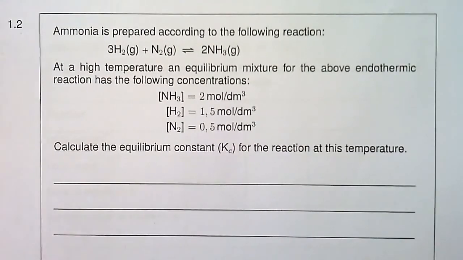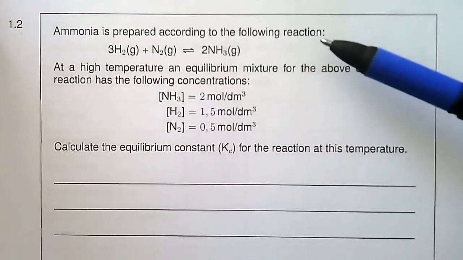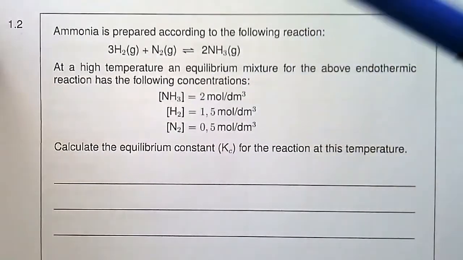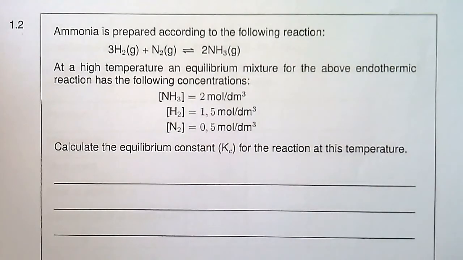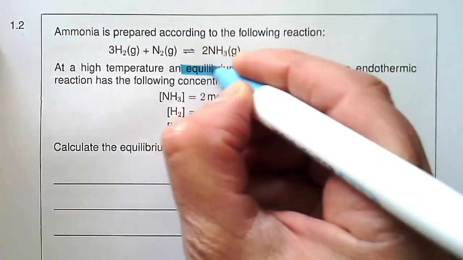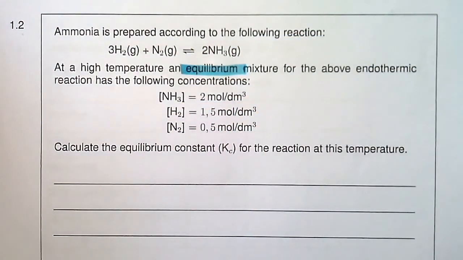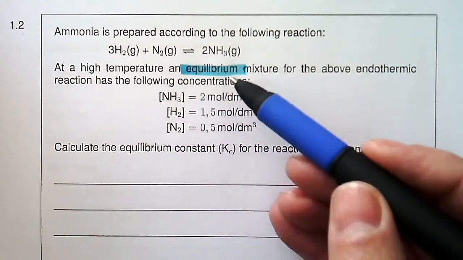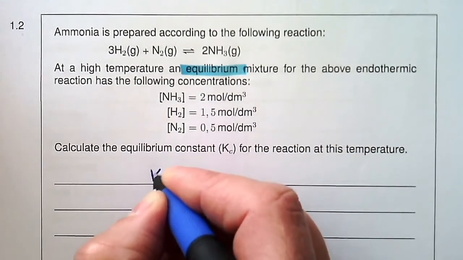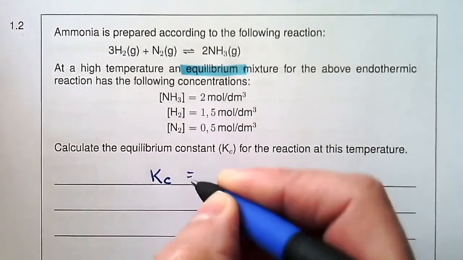In number 1.2, ammonia is prepared according to the following reaction. You give the reaction, and then they tell you that at a high temperature, the equilibrium mixture, which is very important. The values that they give you for concentrations are true at the equilibrium, because in the equilibrium constant, you need the equilibrium concentration.